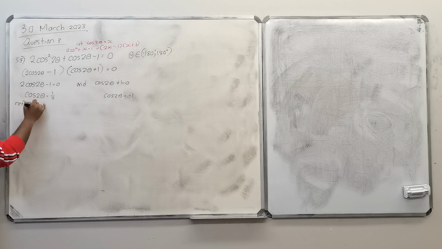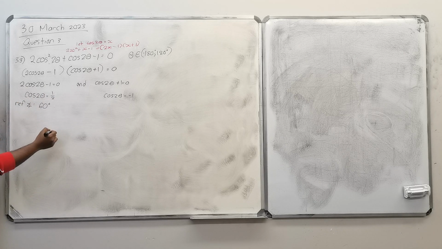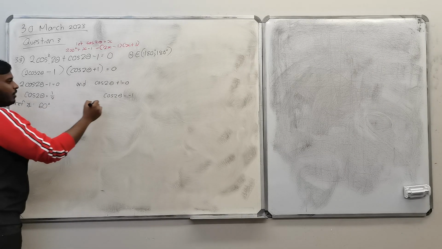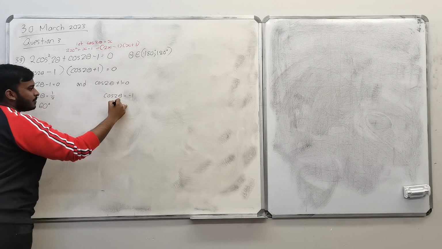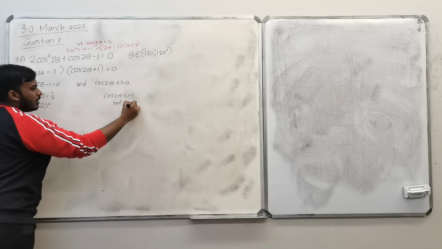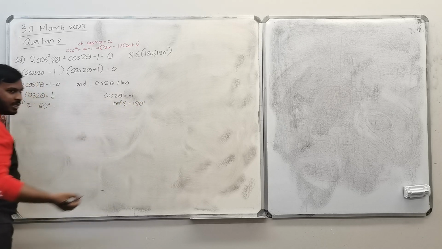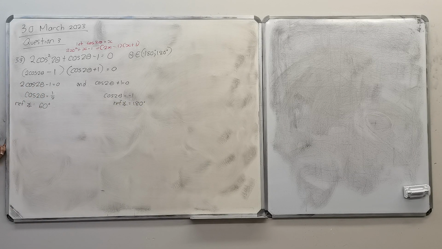Your reference angle for shift cos half is 60 degrees, and your reference angle here is 180 degrees. All still with me?